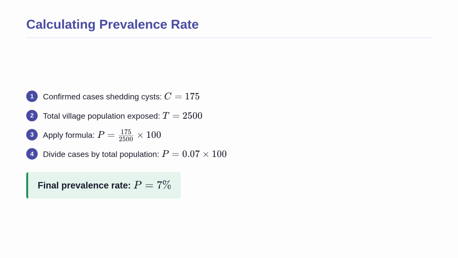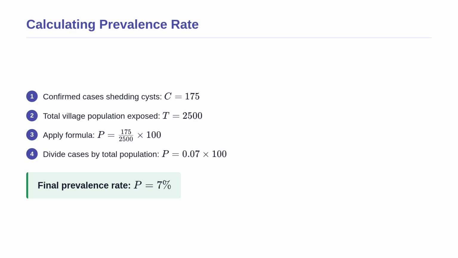Let us apply this formula to a real-world scenario. Suppose a rural village has a total population of 2,500 people. A medical camp tests the villagers and finds that 175 individuals are actively infected. We want to find the prevalence rate.